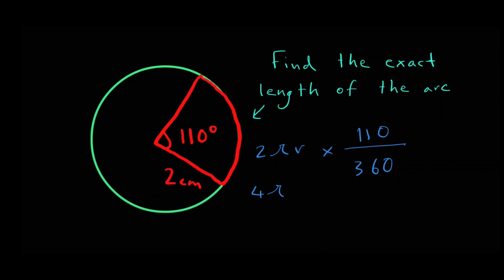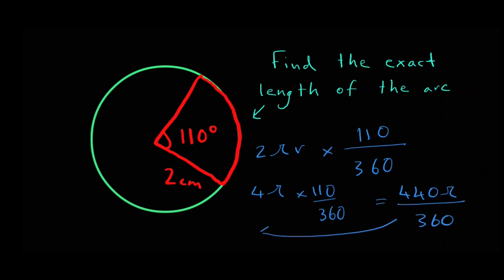So it's going to be 4 pi, because the radius is 2, times 110 over 360, and then 4 pi times 110 over 360 is 440 pi over 360, which can be simplified down to 11 pi over 9. So the answer is 11 pi over 9 centimeters.